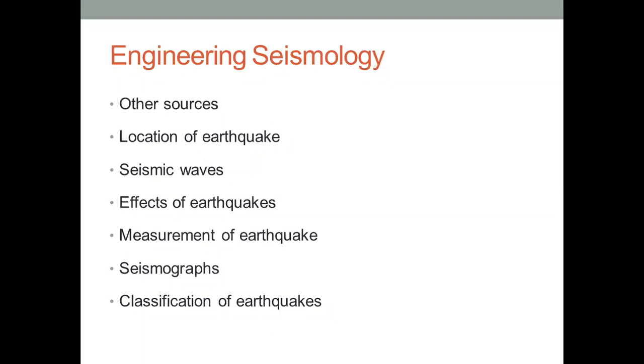And what are the effects of earthquakes on buildings and other parts of the earth? And measurement of the earthquake, which I already mentioned when I explained the course syllabus, is intensity and magnitude. Based on these 2 measures, the earthquake will be estimated.